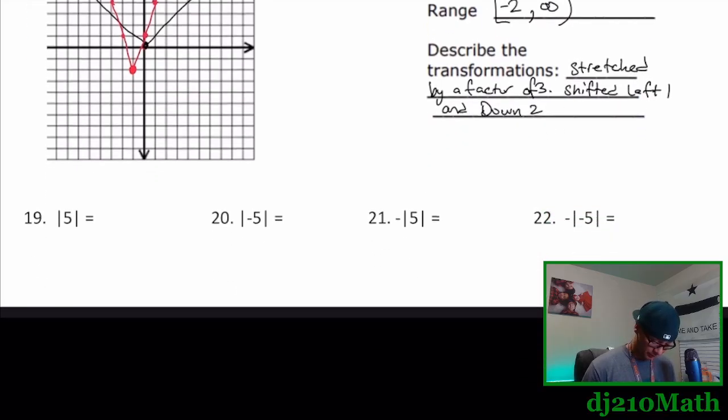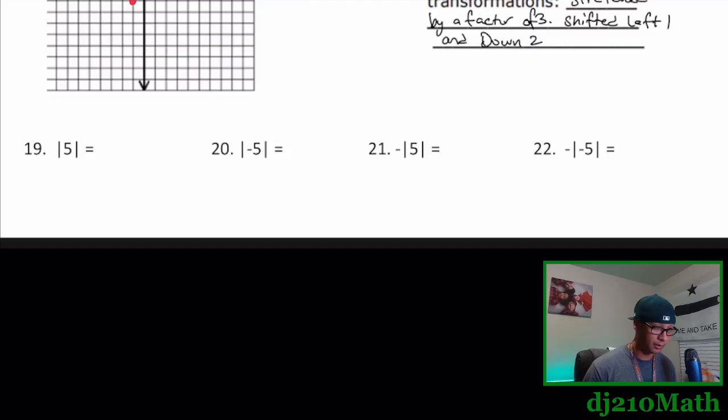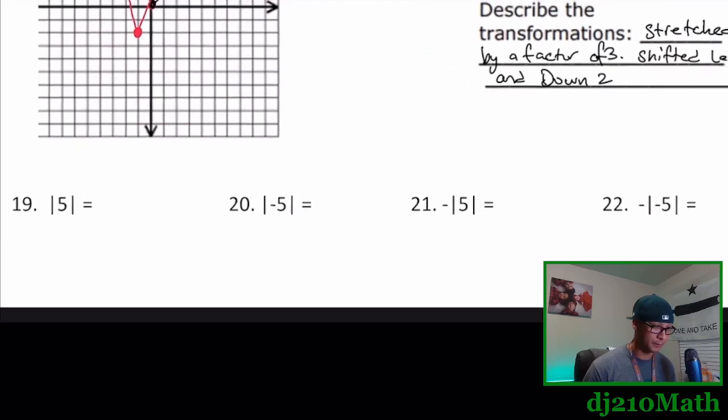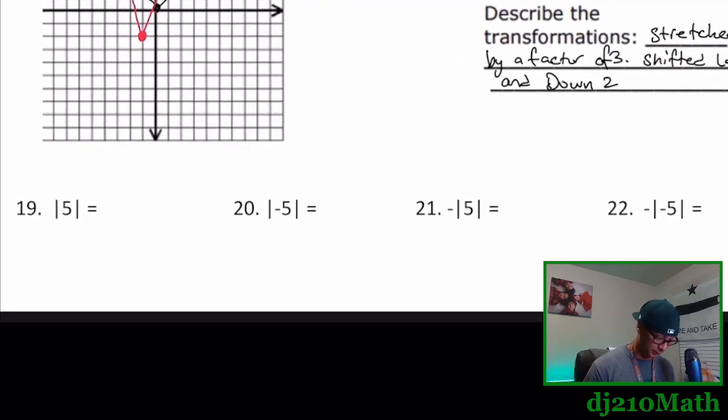The last ones are pretty simple. It's just absolute value, the absolute value of a number. Absolute value of 5 is just 5. Absolute value of negative 5 is still just 5. All right, number 21, don't get confused.